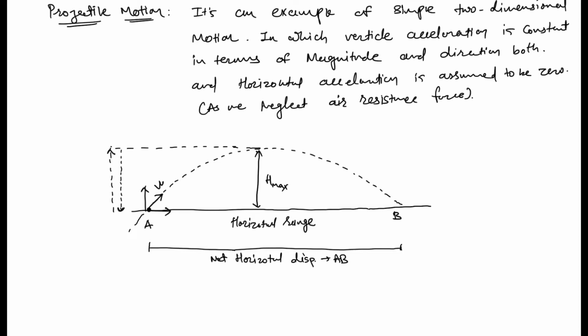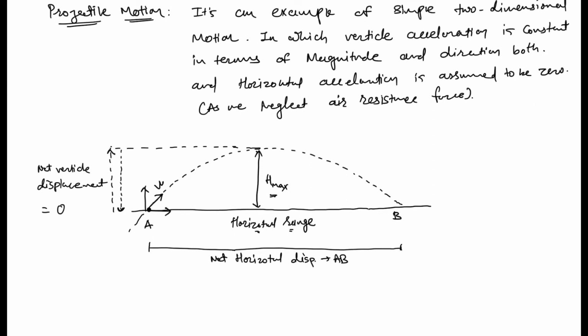So what will be the net vertical displacement? Yes, it will be 0. Now if we want to analyze the time taken to reach from A to B, or the maximum height attained, that is h max, or the horizontal range, we can calculate by applying some formulas.